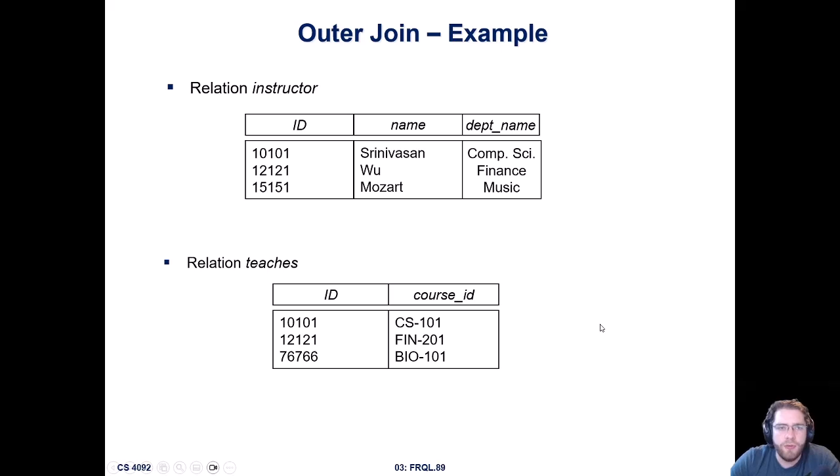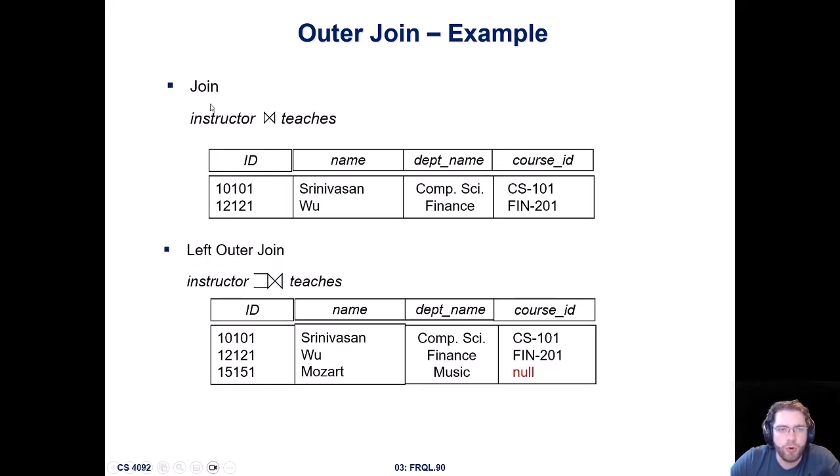So we have our 2 relations here, relation instructor with the relation teaches, and this is going to be an outer join example. So an outer join here between our IDs, it looks like we have at least 2 of the same IDs. And for these 2 down here, our Bio 101 and our Mozart name for a person, we're going to try to join them normally.